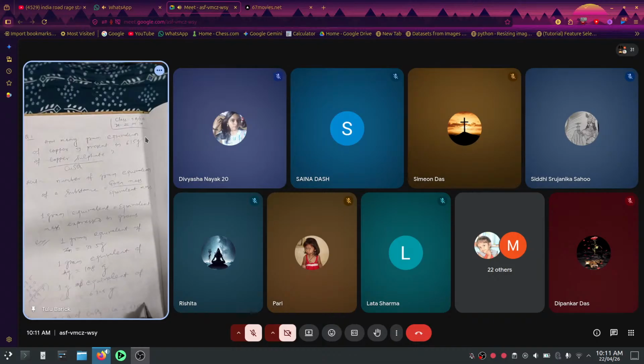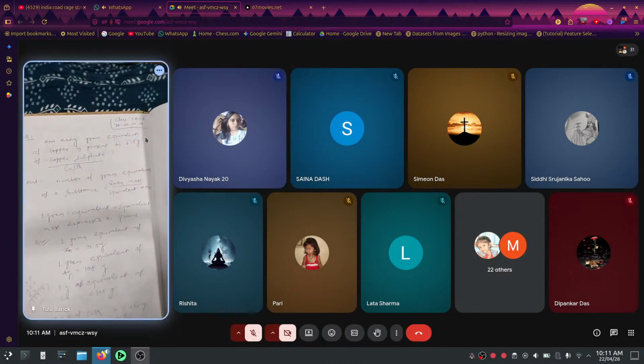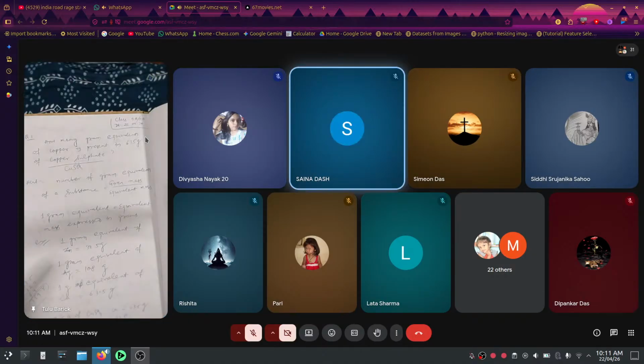63.5 gram. In 1 gram of copper sulfate, how much? 63.5 by 159.5. And in 635 gram, copper is equal to 63.5 divided by 159.5 into 635. Sir, can you take the copy a little bit up?